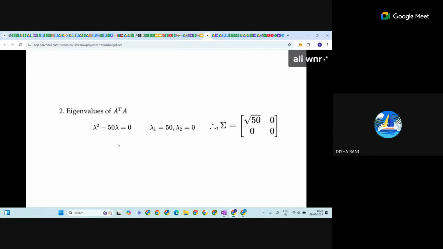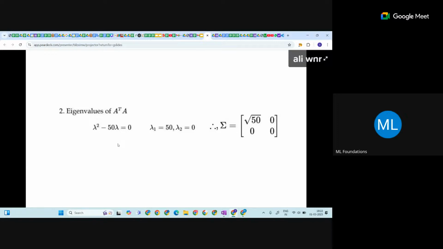This is a very good problem because we have seen the three cases step by step: if it is 0, if it is non-zero, and we have seen two ways of solution. So as we see here, one eigenvalue is 0 and the other is 50.